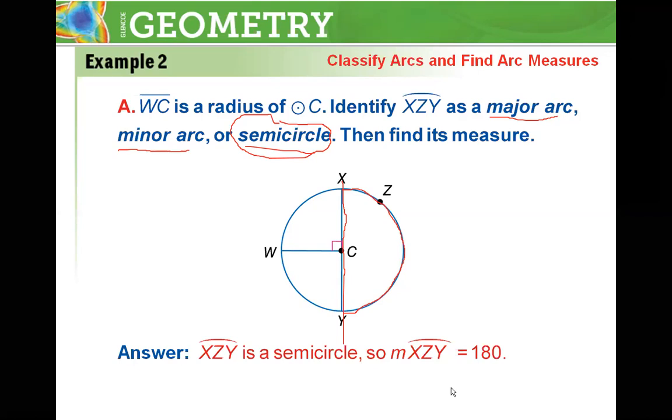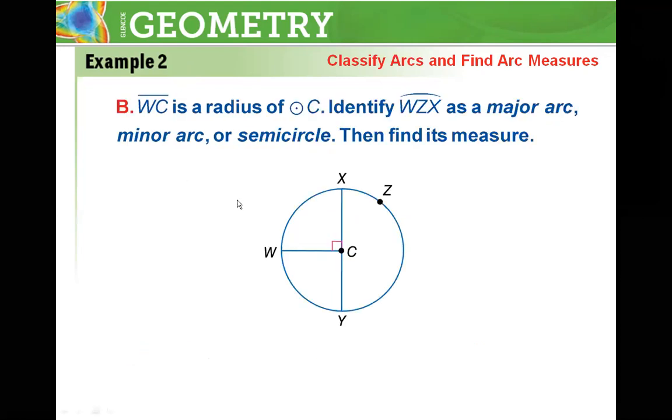Okay, we are going to another example quickly, to Ibrahim. I need to solve the next example. WC is the radius of the circle C. Identify arc WZX as a major arc, a minor arc, or a semicircle.